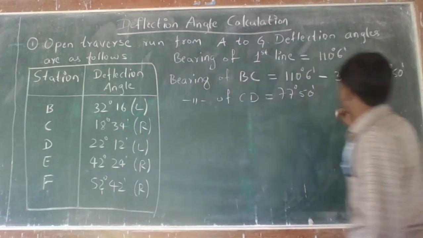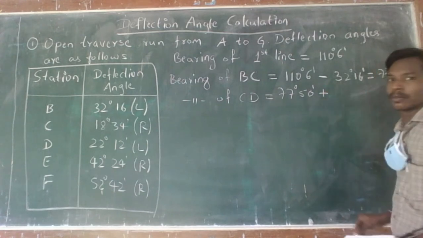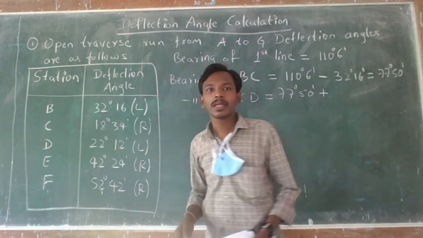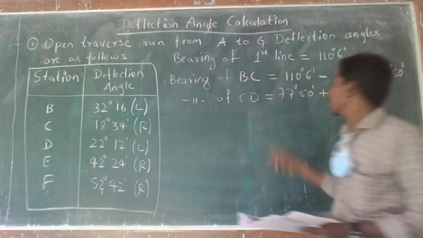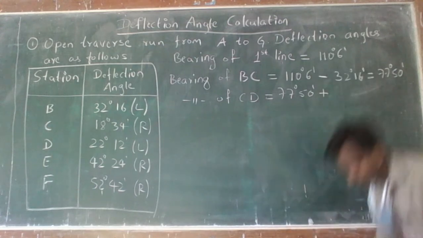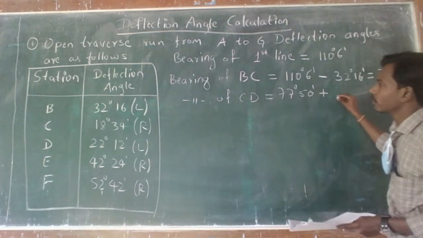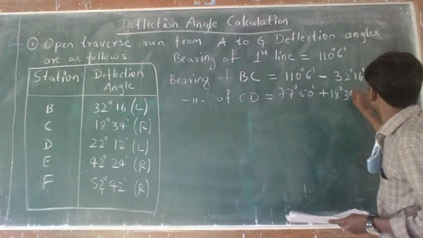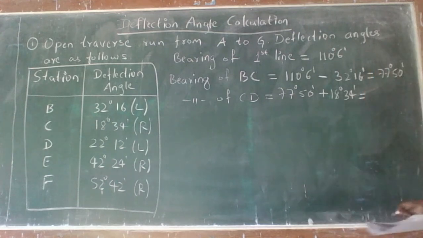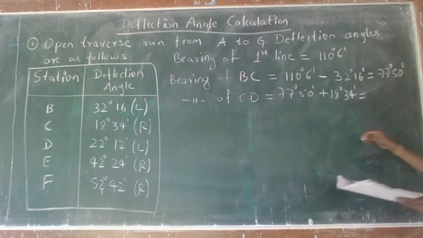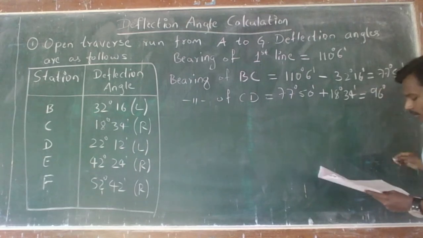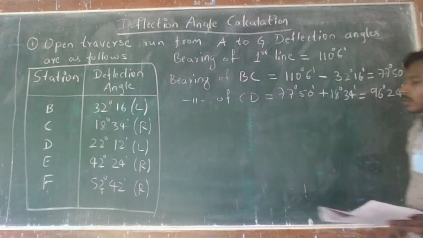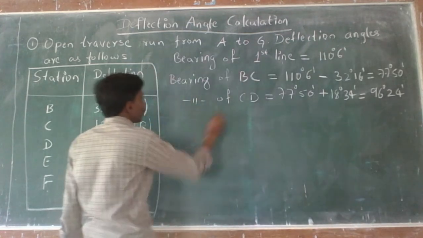So we have to take the sign plus, because the deflection angle of C is towards right or clockwise. Now the deflection angle of C is 18 degrees 34 minutes. So now after calculations we will get the answer 96 degrees 24 minutes.